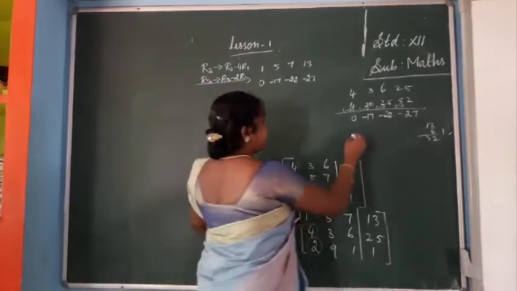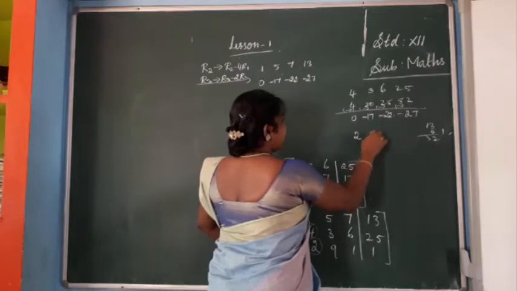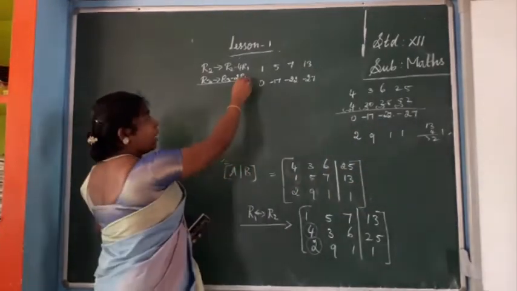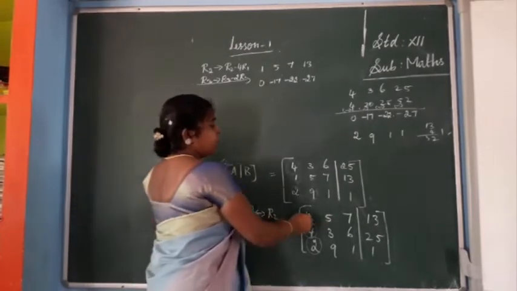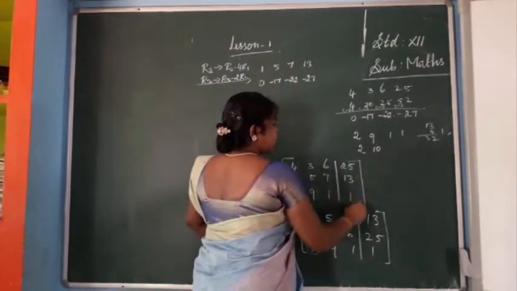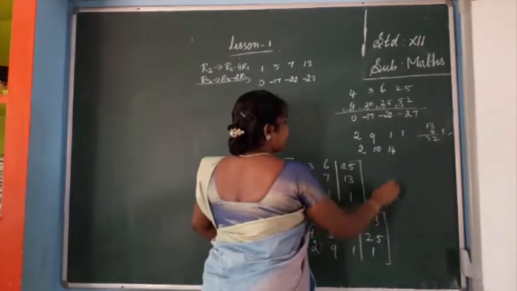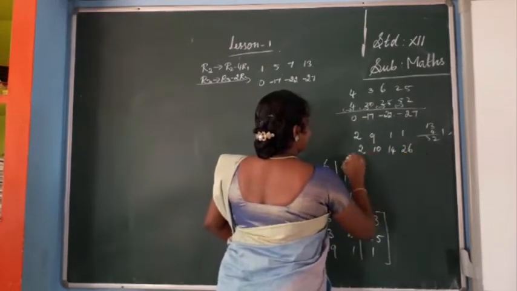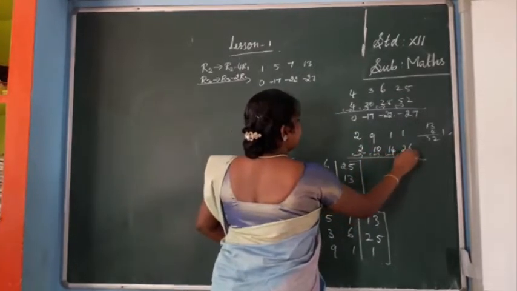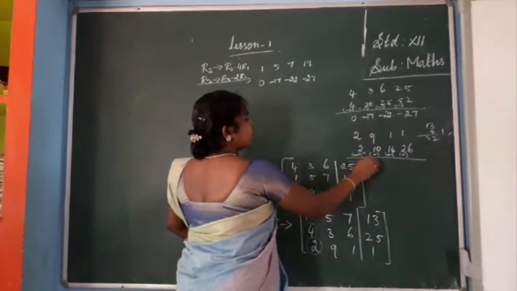Now R3, what are the elements here? 2, 9, 1, 1. Next, we have to multiply R1 by 2. So 2 ones are 2, 2 fives are 10, 2 sevens are 14, 2 thirteens are 26. Now subtract. 2 minus 2 is 0.